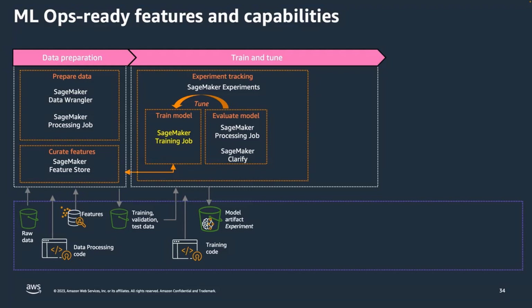The training code is typically stored in an S3 bucket and is ingested by the SageMaker training job. Then the SageMaker training job puts the model result inside of an S3 bucket and also stores information related to the training that it's done as captured by SageMaker experiments.